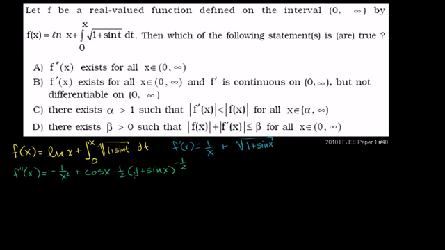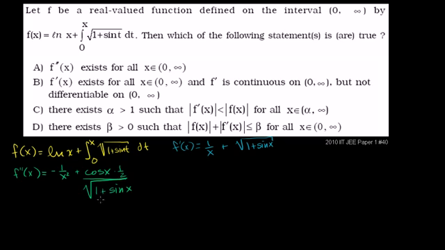When you take something to the negative 1/2 power, I can rewrite it in the denominator as the square root of 1 plus sine of x. If this denominator becomes 0, the second derivative will be undefined.